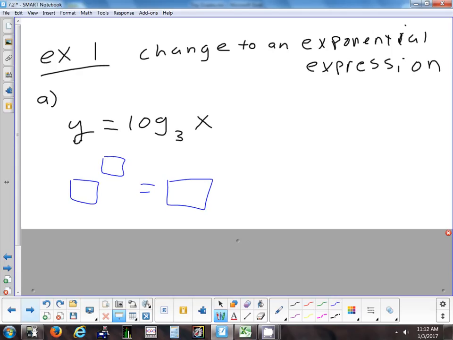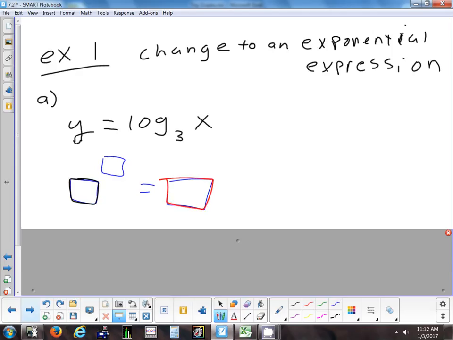Right, let's start with the 3. John, do you remember what the 3 is called? The base. It's the base. So when we write something as an exponential, would it go in the black box, the blue box, or the red box?